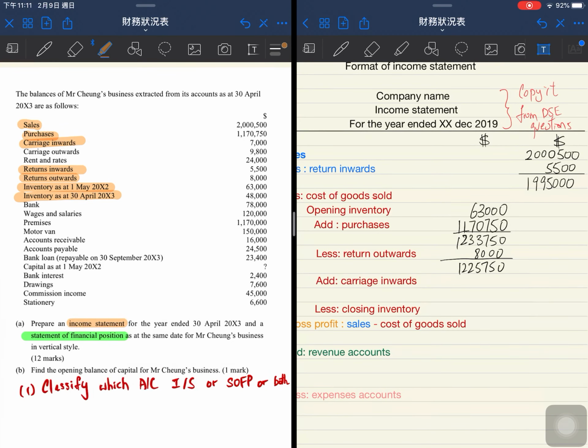So carriage inwards 7,000. And finally, we less closing inventory. That is 48.